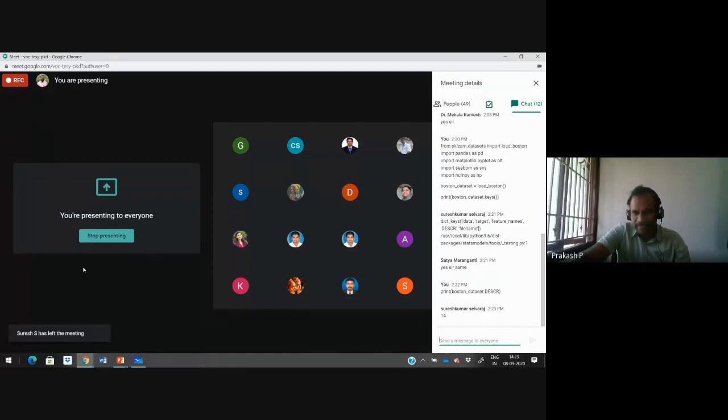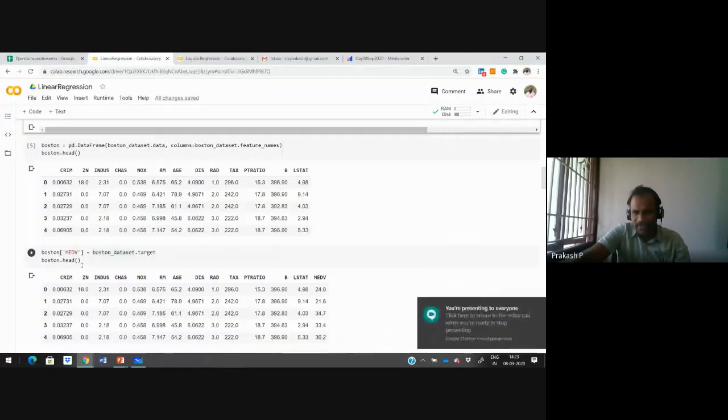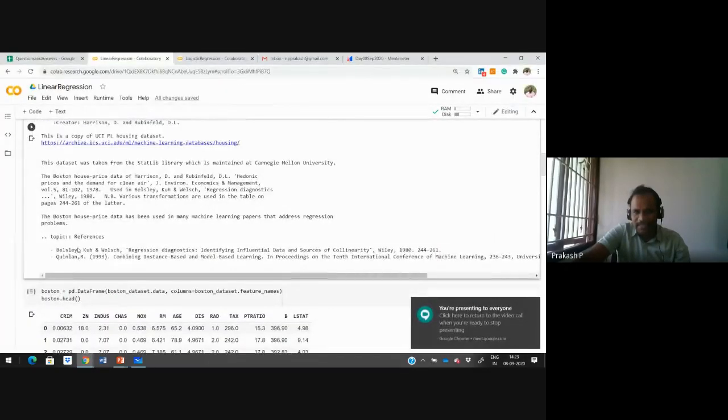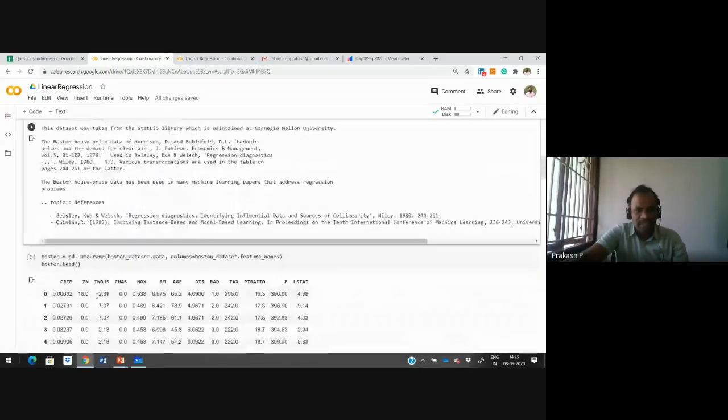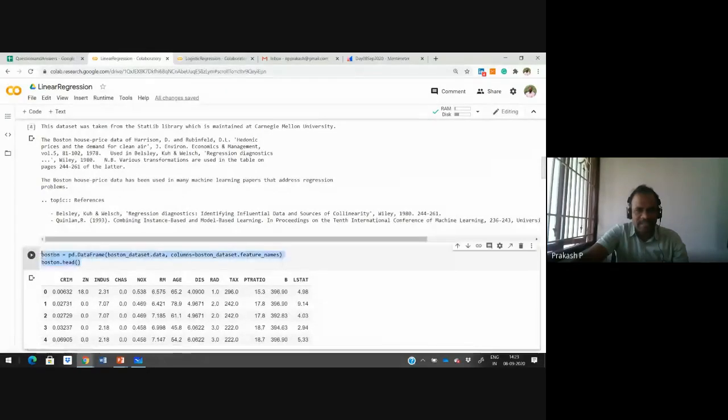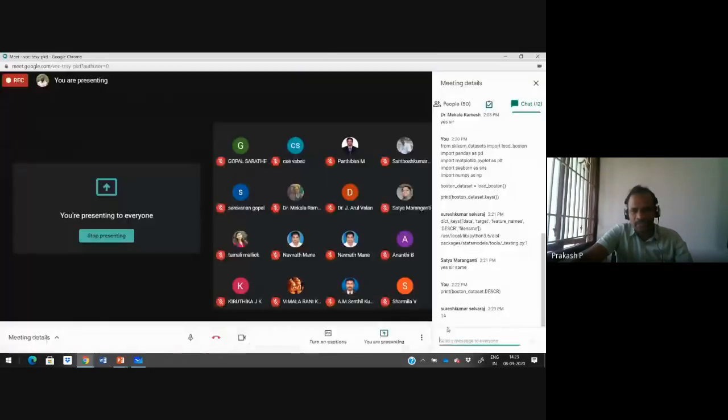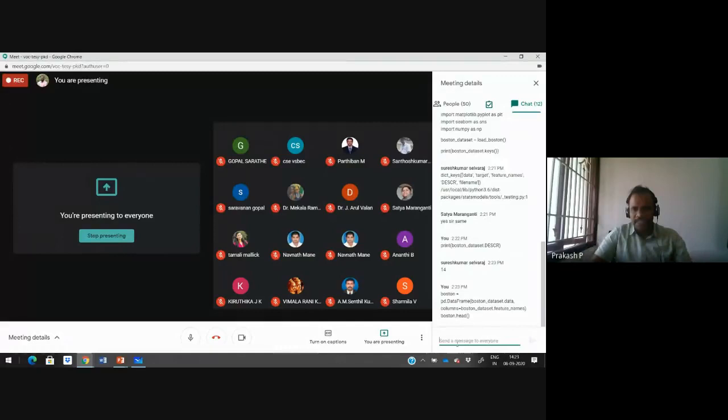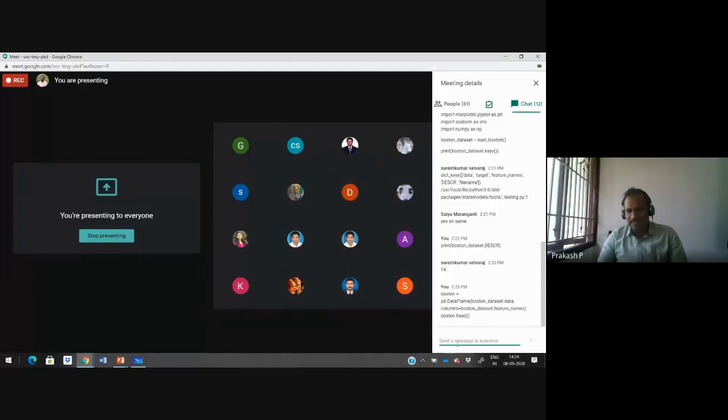Now we have read the dataset, and then we need to convert it into a data frame. How we are going to convert it is: pd is the object for pandas, and DataFrame is a class where we pass the dataset, with the columns taken from the Boston feature names.